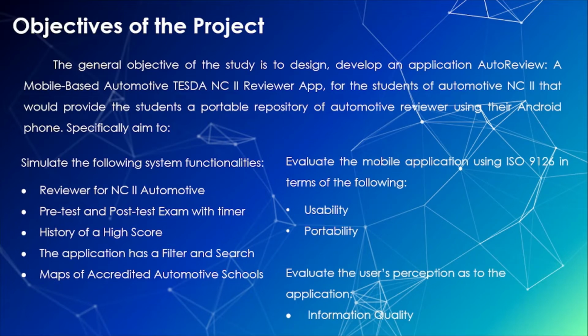The application has a filter search and map of accredited automotive schools. Evaluate the mobile application using ISO 9126 in terms of usability and portability. Evaluate the user's perception as to the information quality.